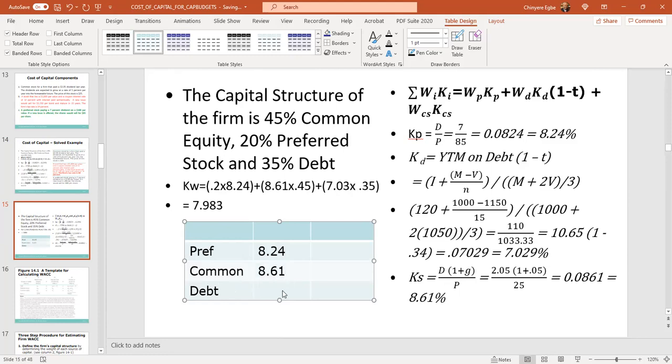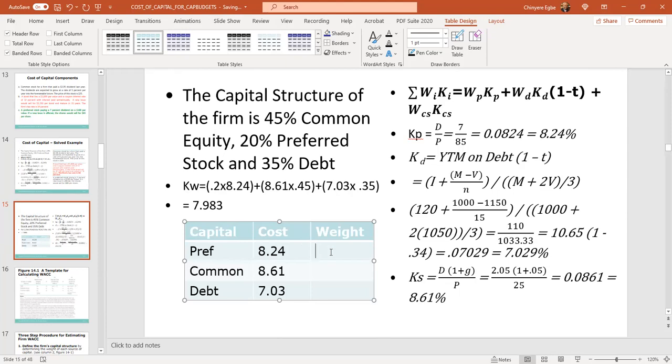The cost of debt is 7.43. Right. And the weight, okay, this is cost. This is capital.